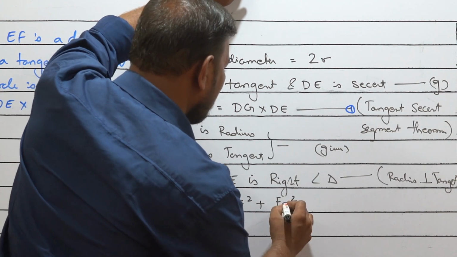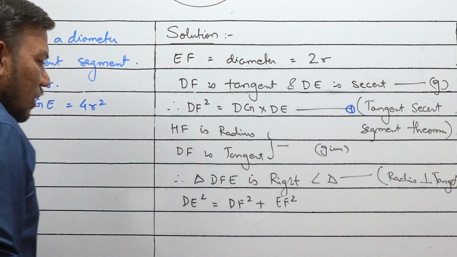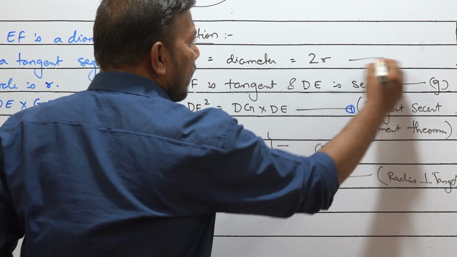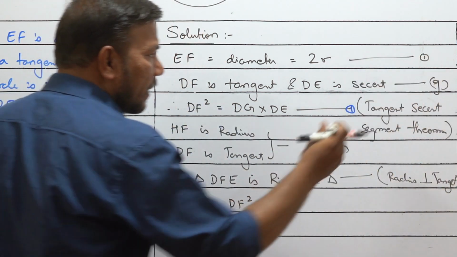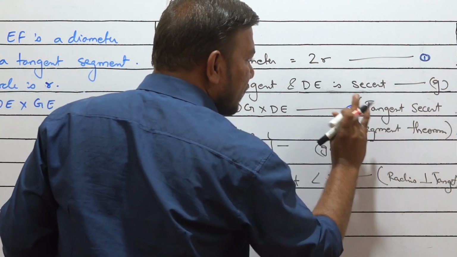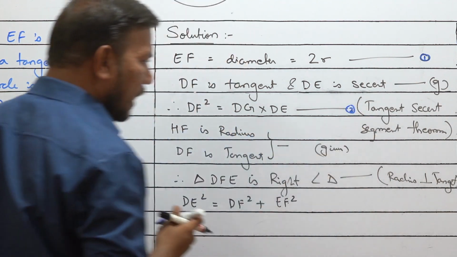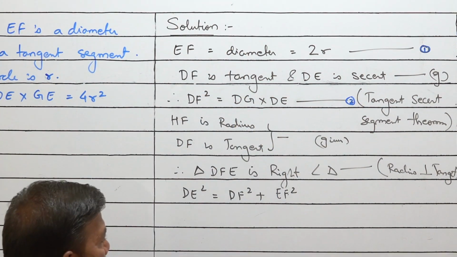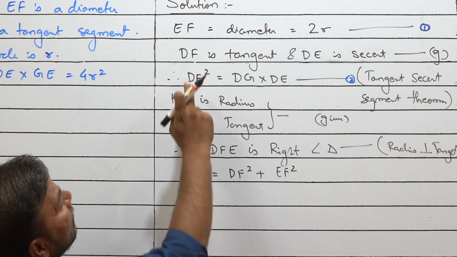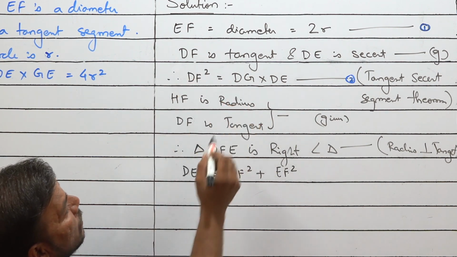Is that clear? Now we will substitute. I'll give the earlier equation number 1 here, and this I'll give as 2. Now, what is DE square?